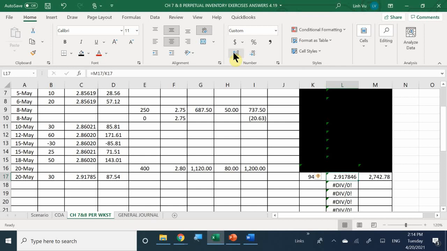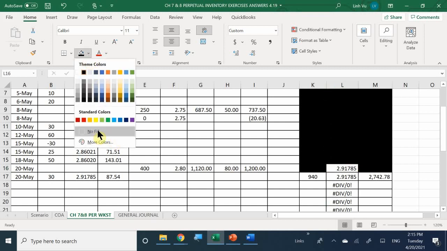No, I have them expanded the same as you, 2.91785. But like the number above it, I was off by a hundred-thousandth or whatever. Mine says 2.91786, and I'm doing the same math.